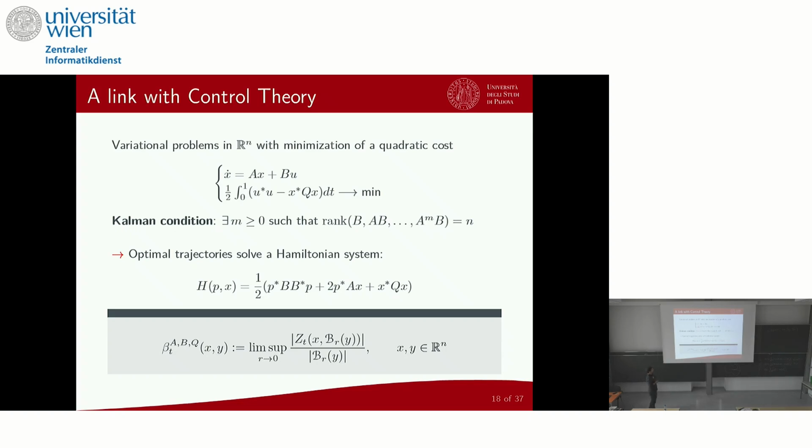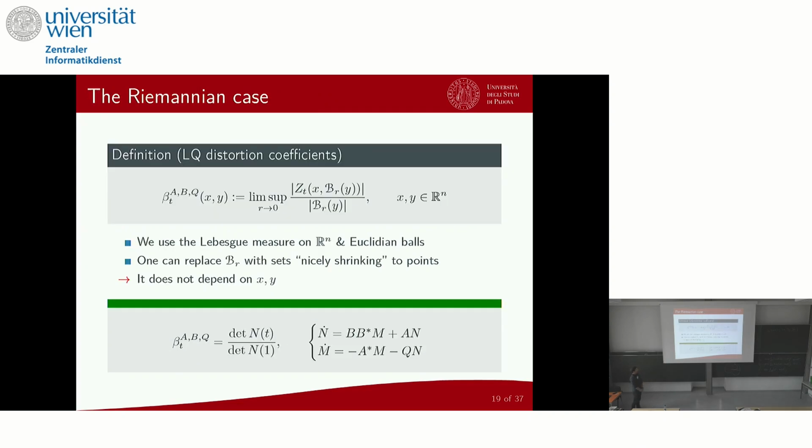Okay. This might seem a bit unrelated, but I try to convince you that there is some link. So you have to choose A, B, and Q, and then produce this. What you do, you compute your, say, interpolating set by using trajectories from this system now. Nice. What happens is that this number does not depend on the point x, y.